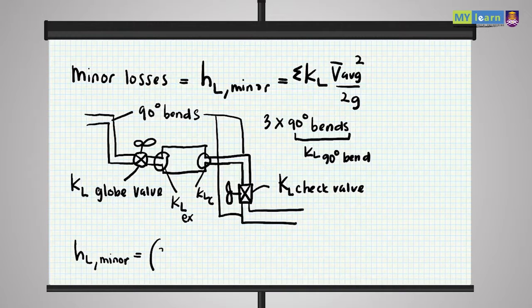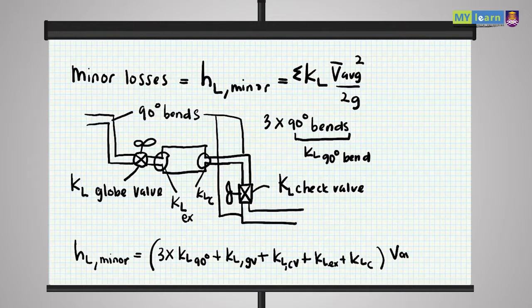For example, we have 3 times KL for 90-degree bend plus KL for globe valve plus KL for check valve plus KL expansion plus KL contraction, and then multiply by V average square over 2G. So that will be your HL minor.